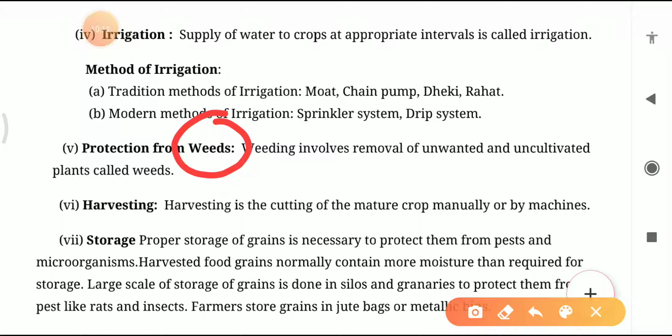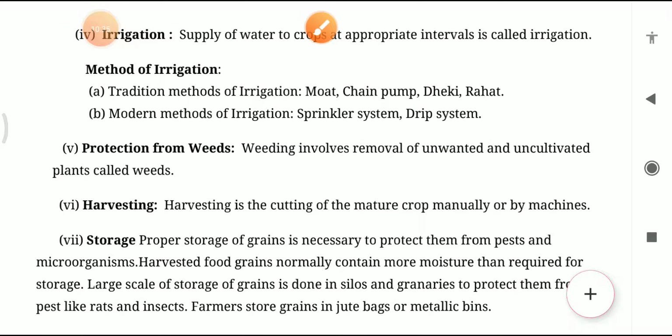Its name is a hoe. A hoe is what we use to remove the weeds from the main plant. That is called the hoe. The hoe is the agricultural implement which we use to remove the weeds.